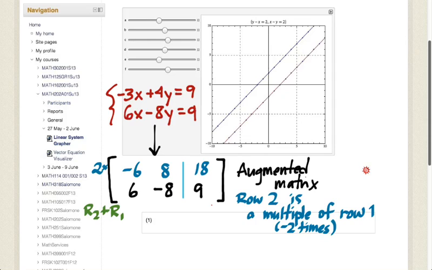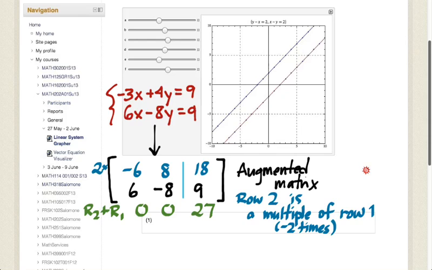So let's do that here, just as a third row, if you like. If I add negative 6 plus 6, I end up with 0. If I add negative 8 plus 8, I end up with 0. And if I add 18 and 9, I get 27. So those were the two steps. You multiplied the first row by 2, then you added the result to the second row.